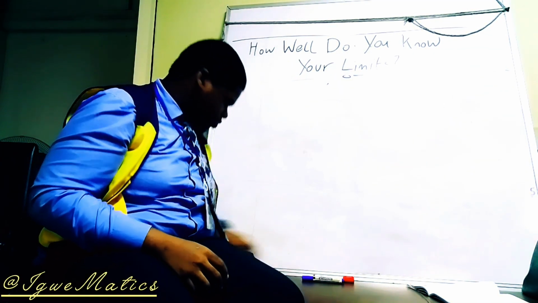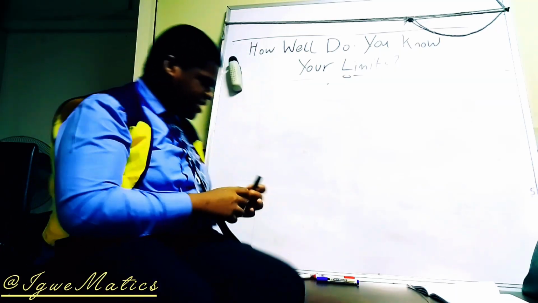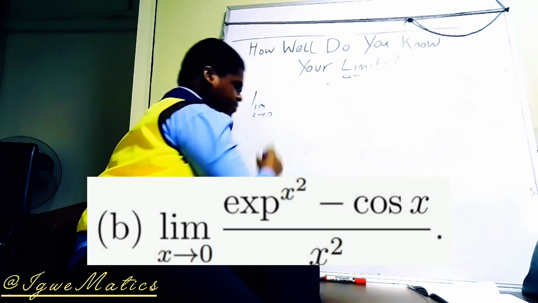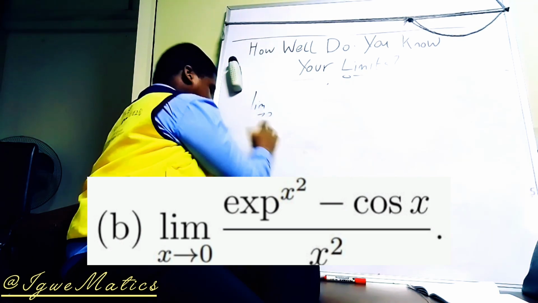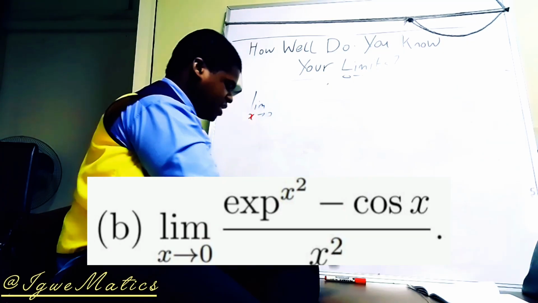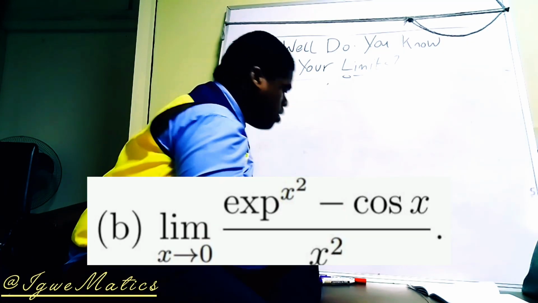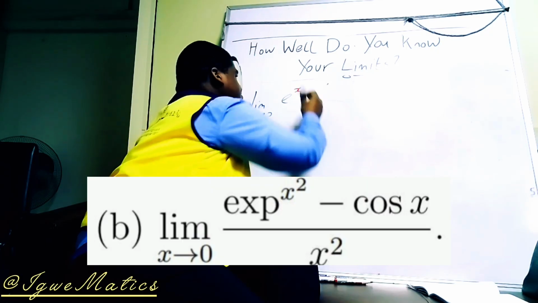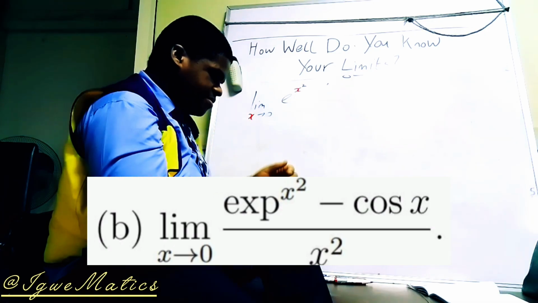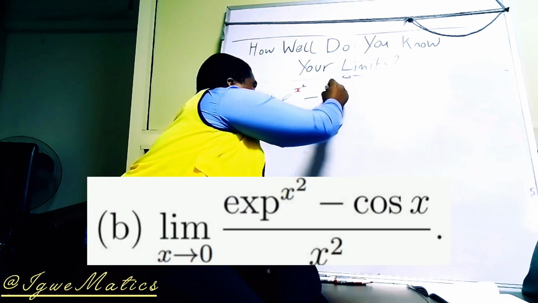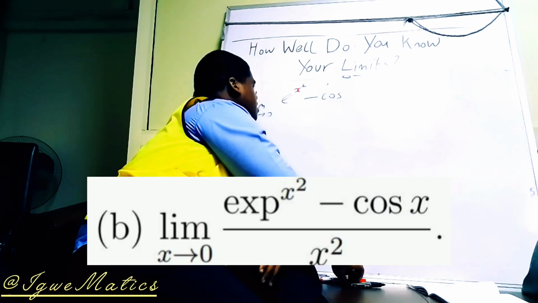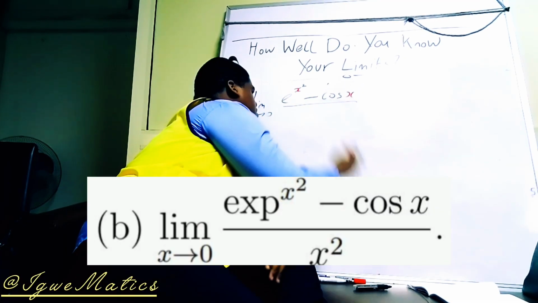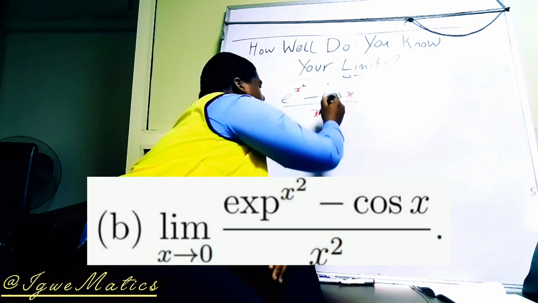Now let's move on to the second question. The second question asks us to find the limit as x tends to 0 of e to the power of x squared minus cos x, divided by x squared.